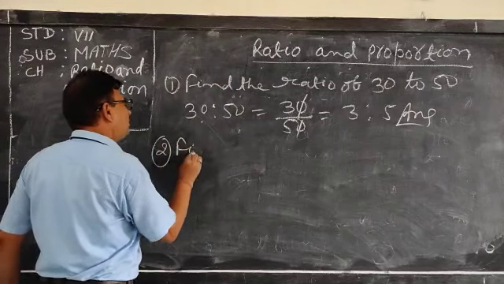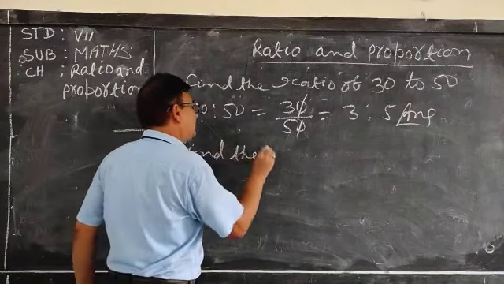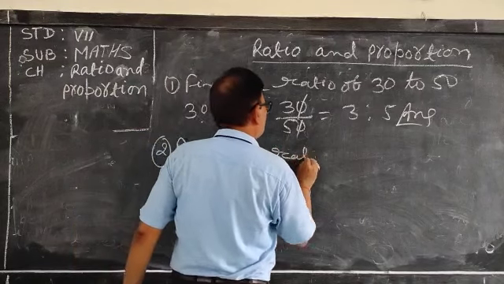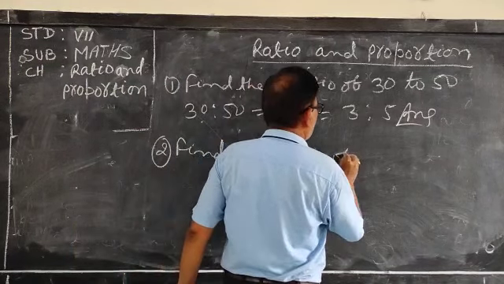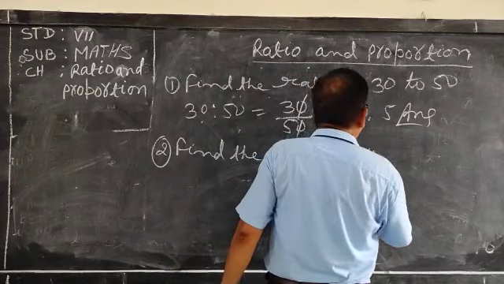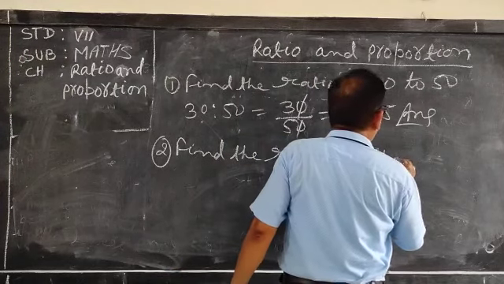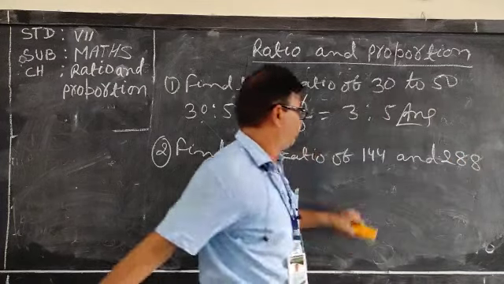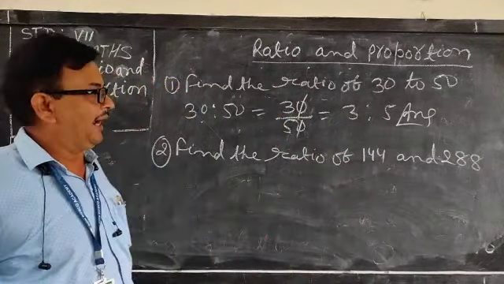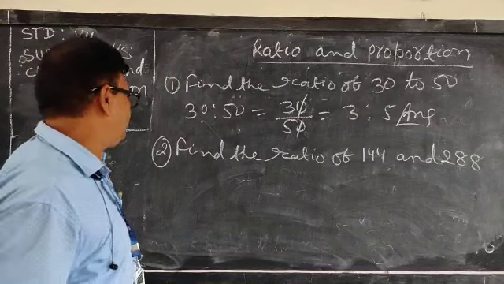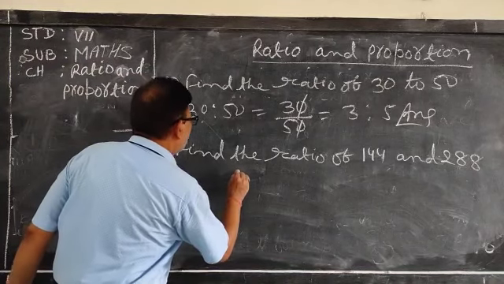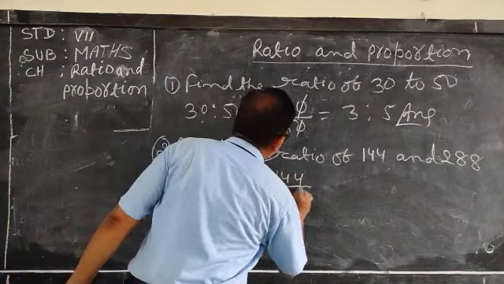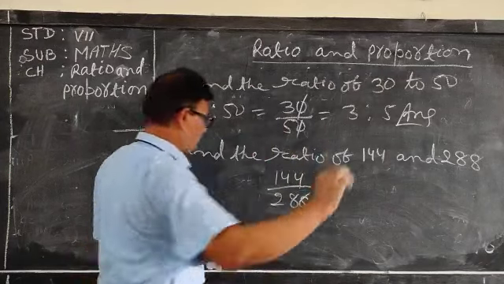Find the ratio of 144 and 288. See this one. What will you write? 144 by 288.